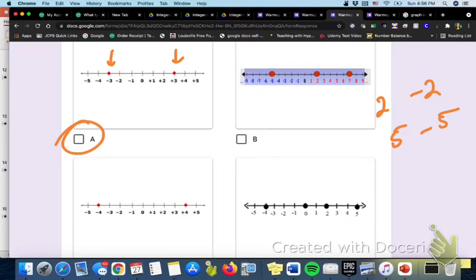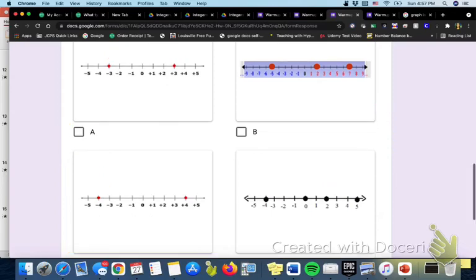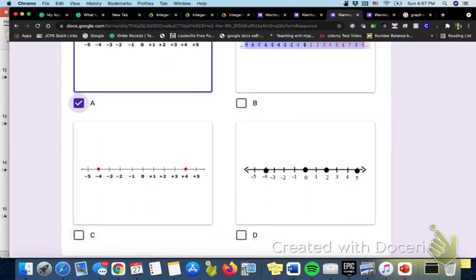On option C, I've got -4 and +4 graphed, so option C does have opposites that are graphed. And then finally for option D, I've got a +5, but no -5. I've got a +2, but no -2, -4 with no +4. So there's no opposites graphed on that one either. So we just need to put a check mark next to options A and C.